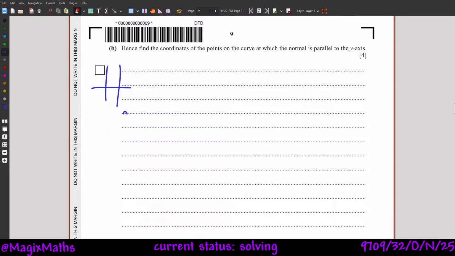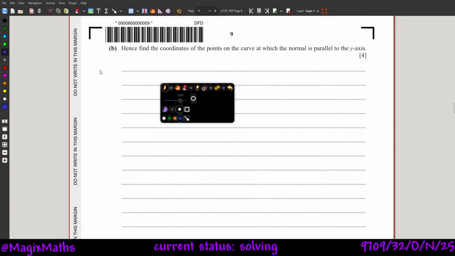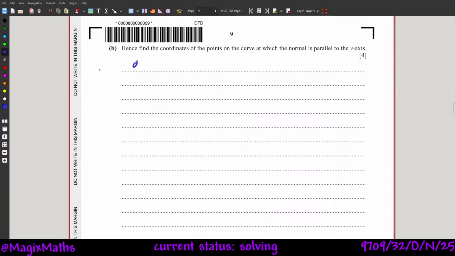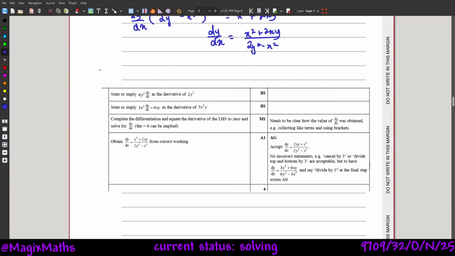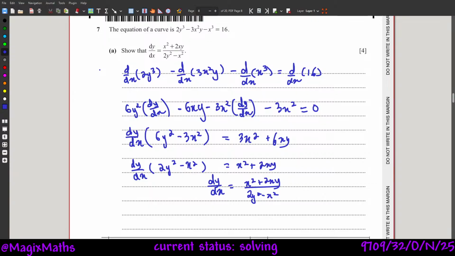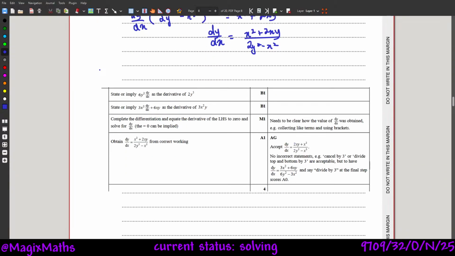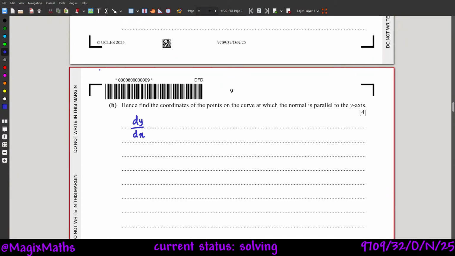And in case you forgot, m or gradient is just dy dx. The first derivative is the gradient function. So looking at our working, we have dy dx equals to (x squared plus 2xy) over (2y squared plus x squared).